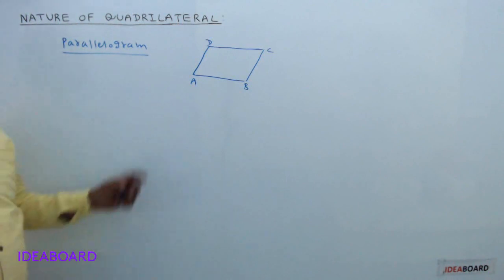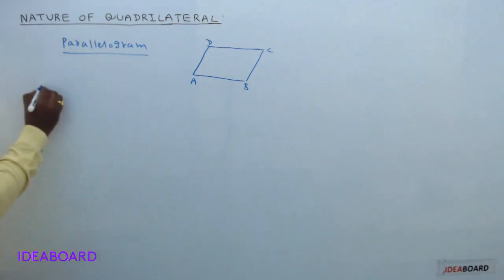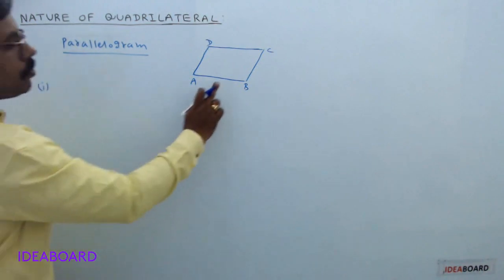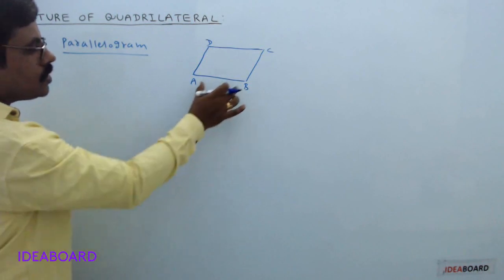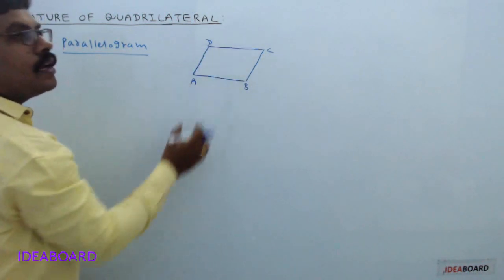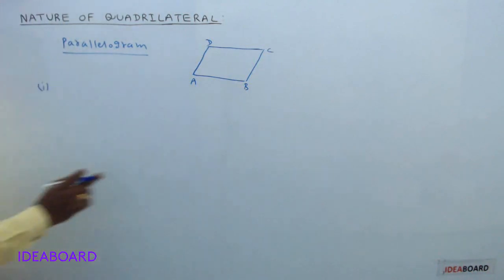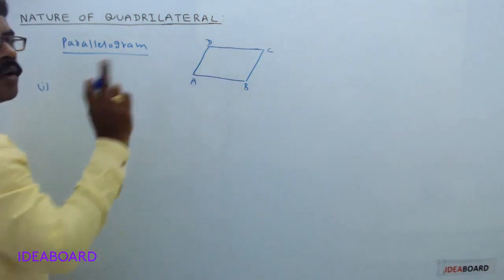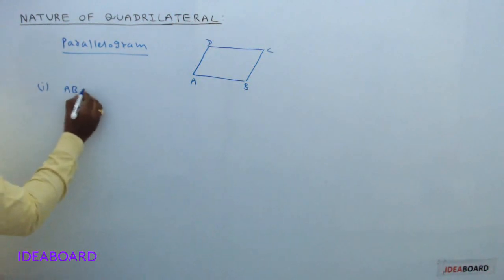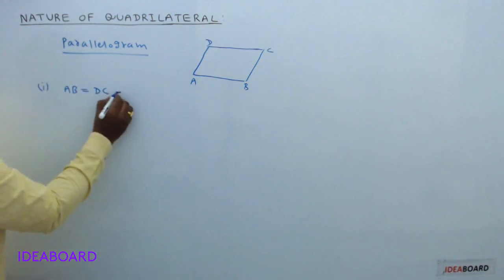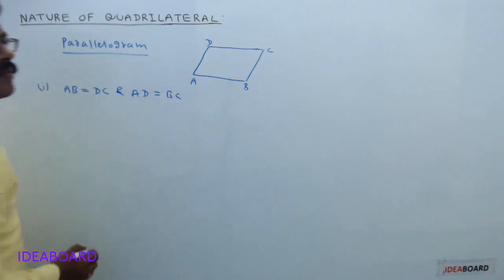Now what are the conditions in the quadrilateral parallelogram? First condition, opposite sides are parallel and equal. It means AB equal to DC and AD equal to BC.